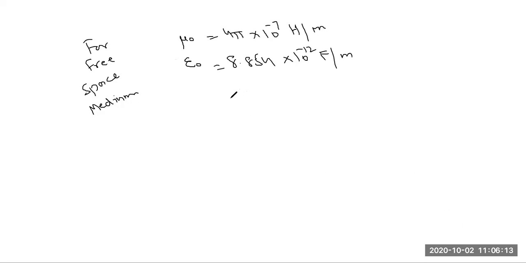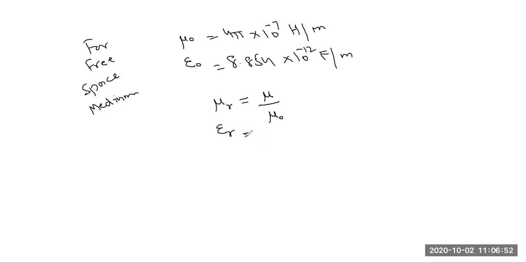As I mentioned, if you are dealing with some media, its permeability will not be mu naught, it will be mu. So how will you relate mu to mu naught? We relate it through what is known as relative permeability and relative permittivity, which are represented by mu with a subscript r and epsilon with a subscript r. Relative permeability means the permeability of the medium that you are considering, compared with the permeability of free space.